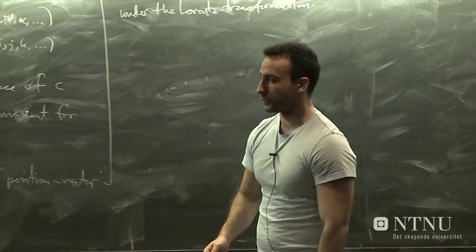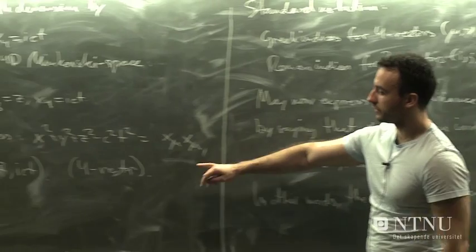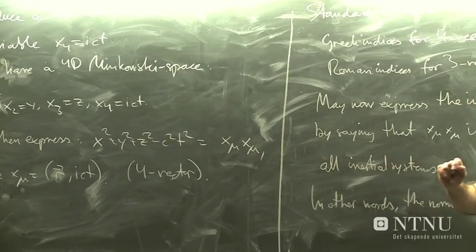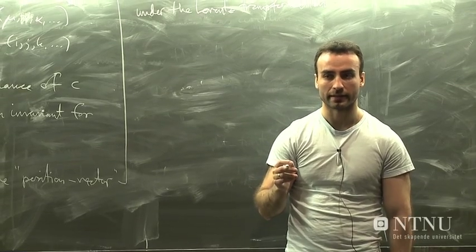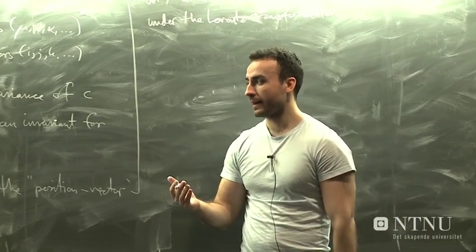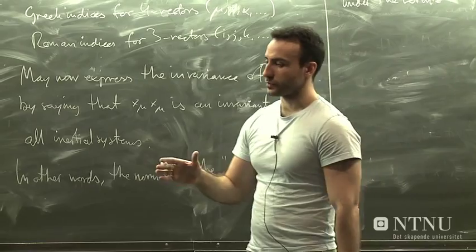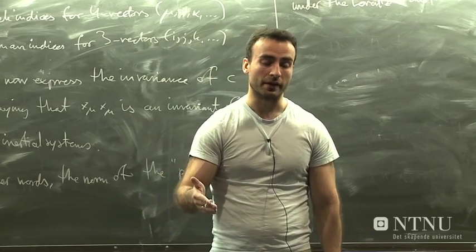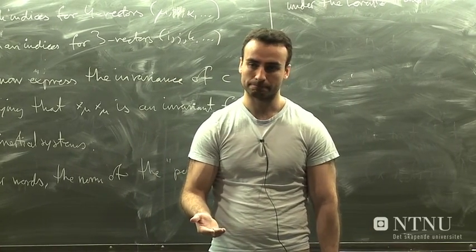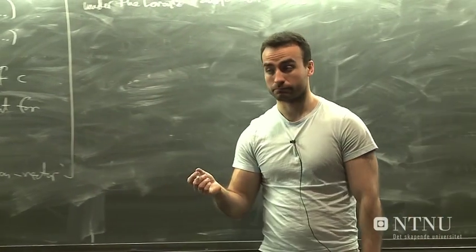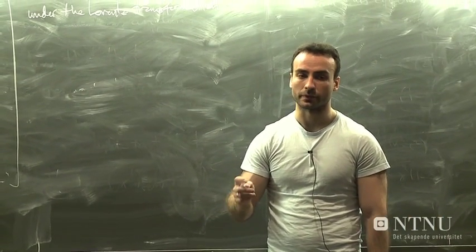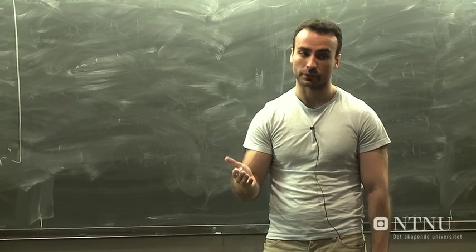So let me just briefly comment on this. Some of you may be accustomed to seeing this written as x lower index mu times x upper index mu. And this would be known as the product of a covariant and a contravariant 4 vector. Now, I will say more about this probably in the next lecture where we discuss different choices of metric.